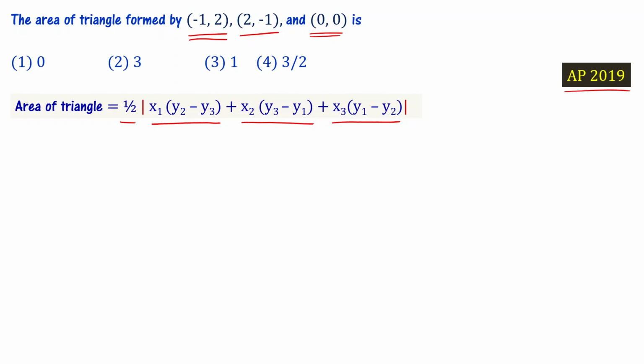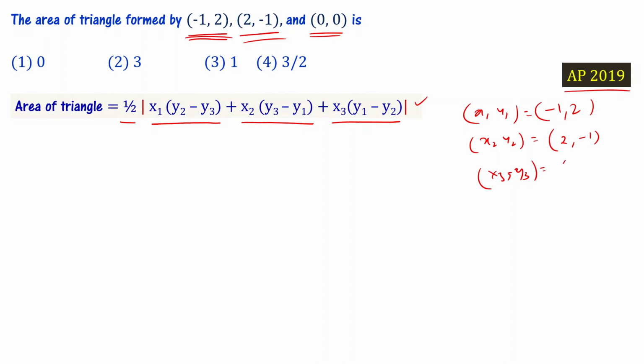To substitute in this formula, let us write the given coordinates as x1, y1 equal to -1, 2, x2, y2 equal to 2, -1 and x3, y3 is equal to 0, 0, right? Now we can substitute these numbers in this formula.